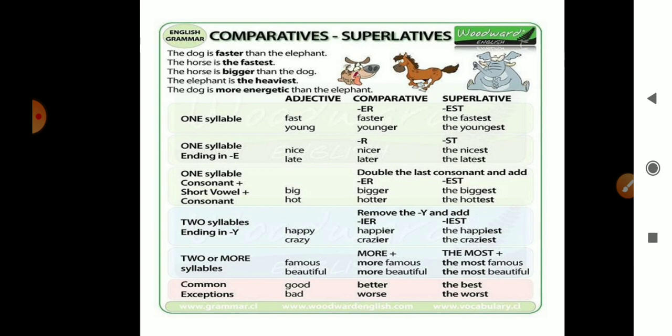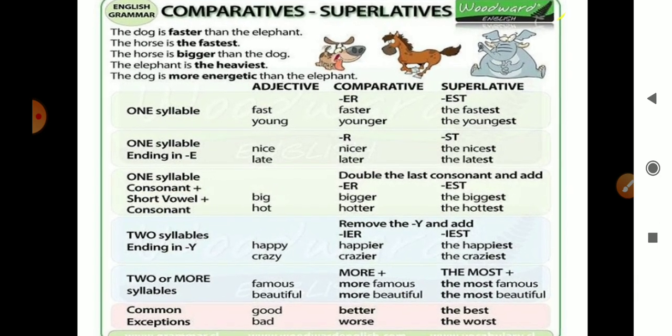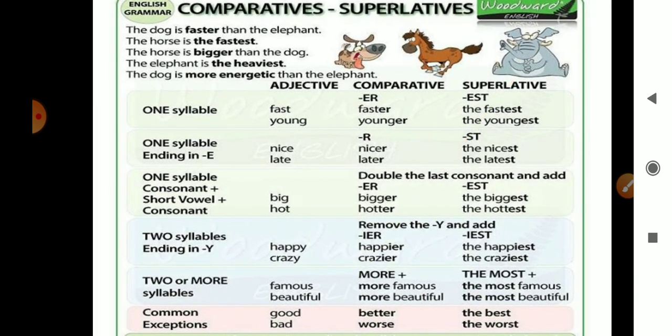Next, comparative and superlative. The dog is faster than the elephant. This sentence is in the comparative degree. How do we know this sentence is comparative? Here, ER and than, these two words tell us it is a comparative sentence.